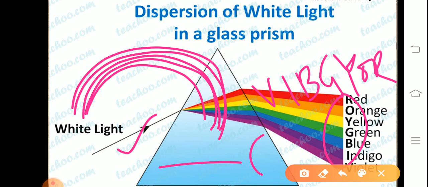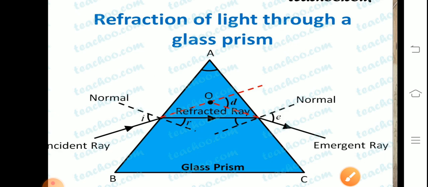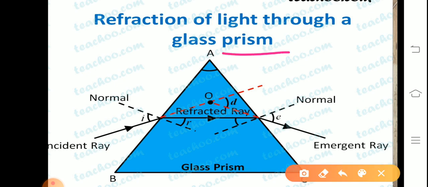Okay, see, here is the refraction of light through a glass prism. Actually, a prism is a transparent medium separated from the surrounding medium by at least two plane surfaces like AB and AC, which are inclined to each other.